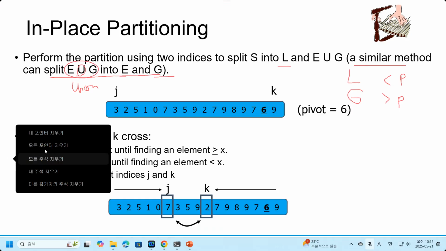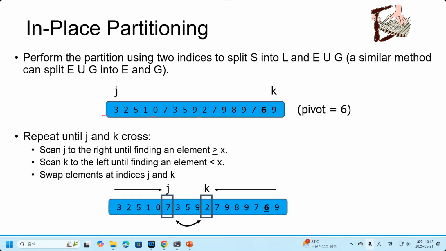Now let's suppose we have this data: 3, 2, 5, 1, 0, 7, 3, 5, 9, 2, 7, 9, 8, 9, 7, 6, 9. Your task is to sort these numbers using quick sort.